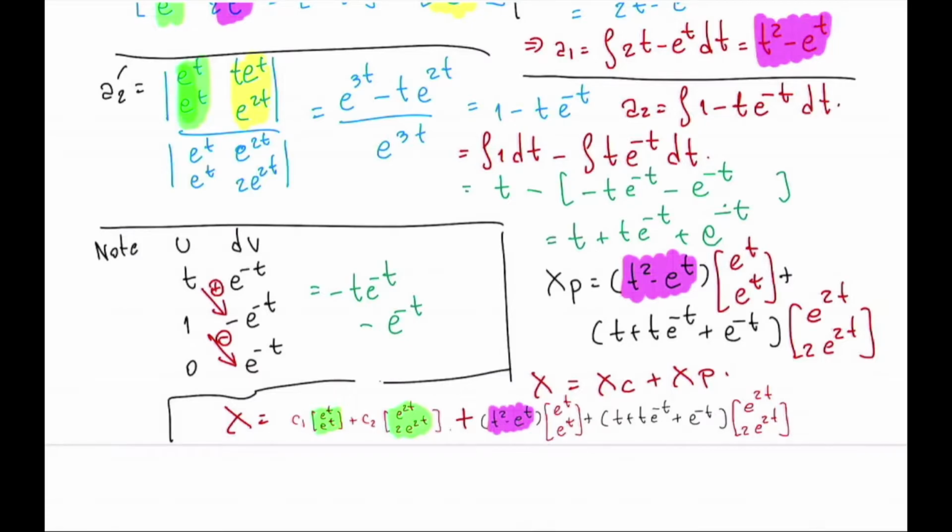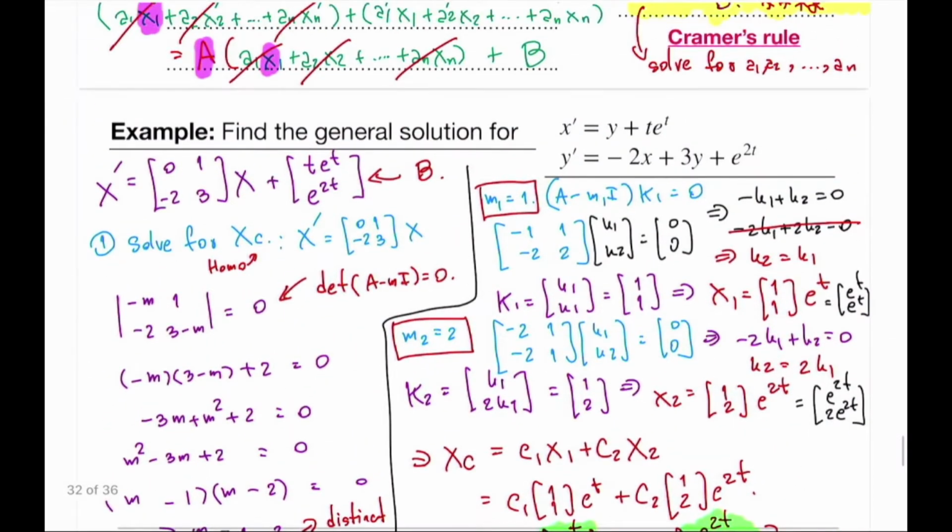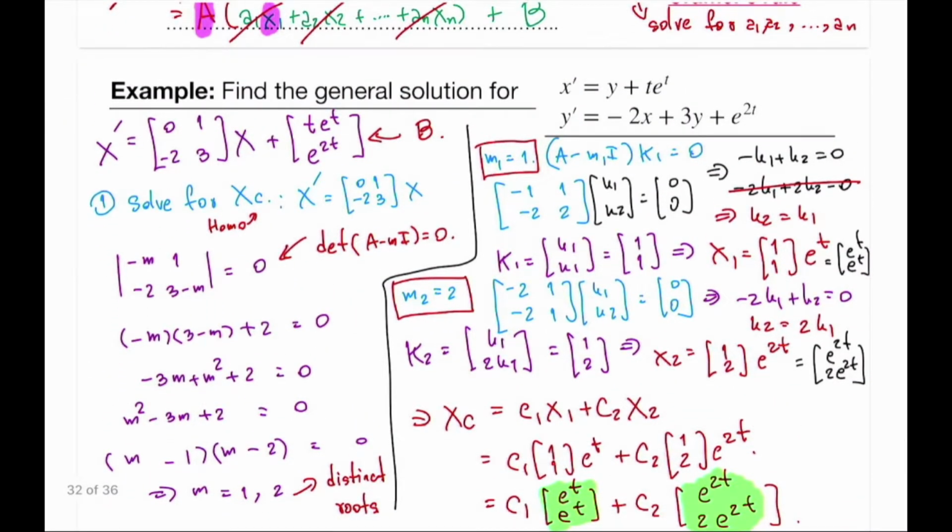Let me sum it up here. First, you want to solve this equation. You write that down in terms of matrix. Then you let b be 0. You solve for the homogeneous systems, right? And then you get the eigenvalues m, right? And they are distinct, so you can just get m1 and m2.